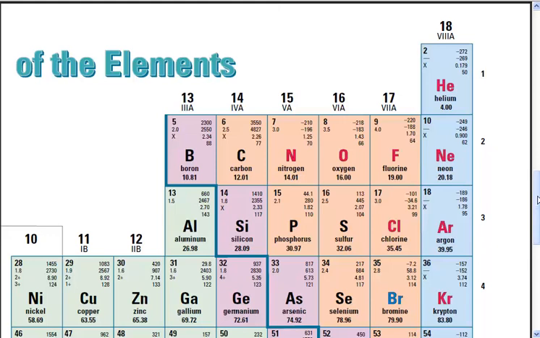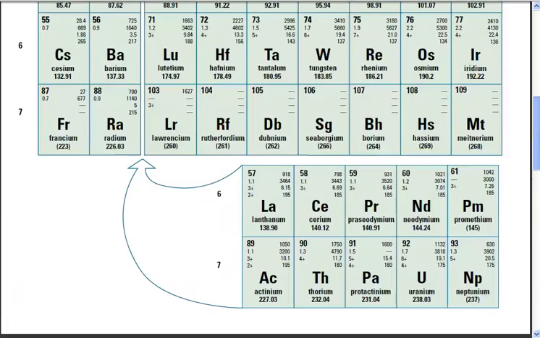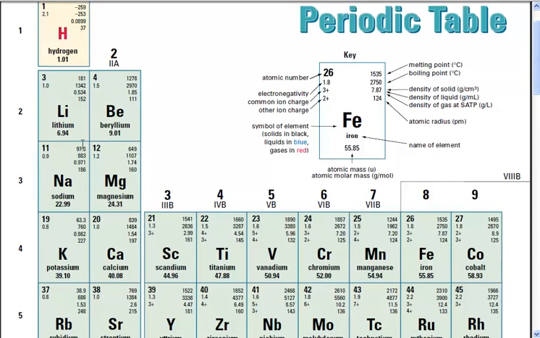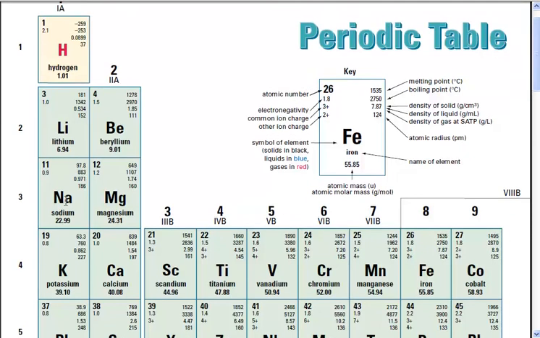So if I look at the far left of the periodic table, the alkali and alkaline earth metals, these first two groups over here, group 1 and group 2, these are very strong metals. They're highly reactive, and they are very rarely found alone in nature because they're so reactive.